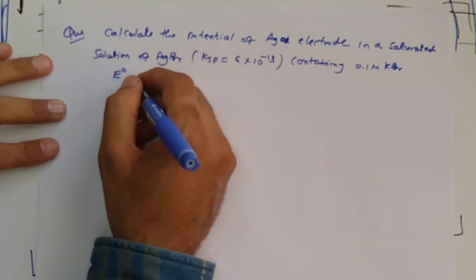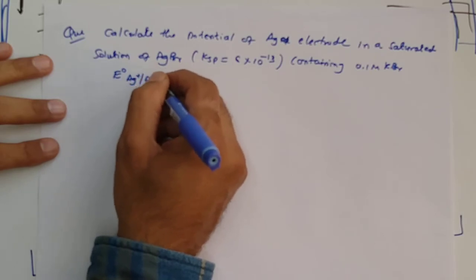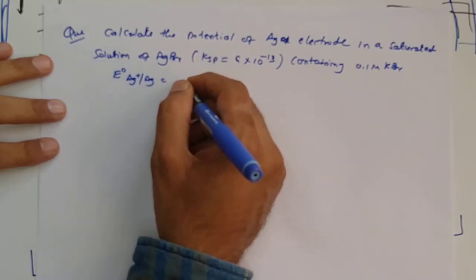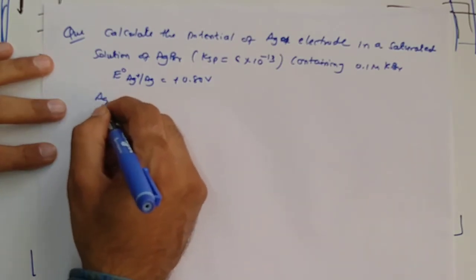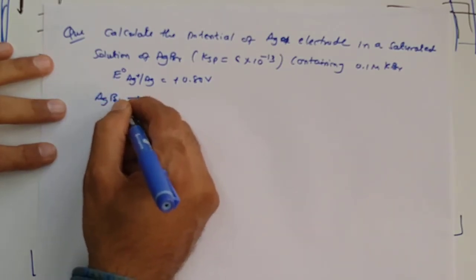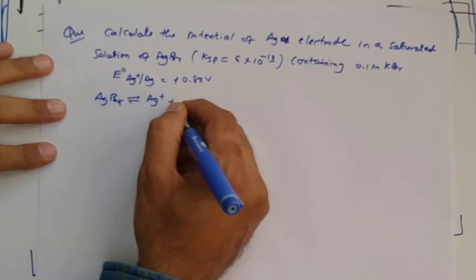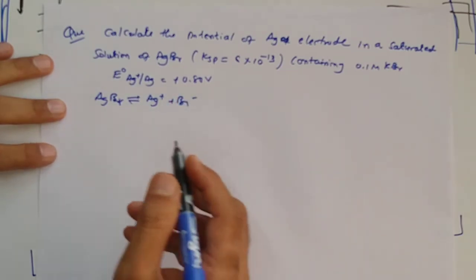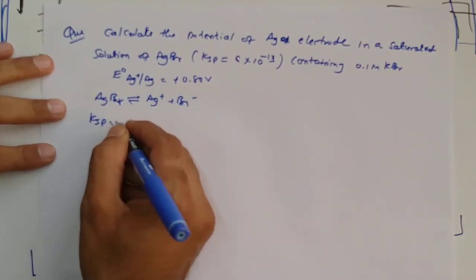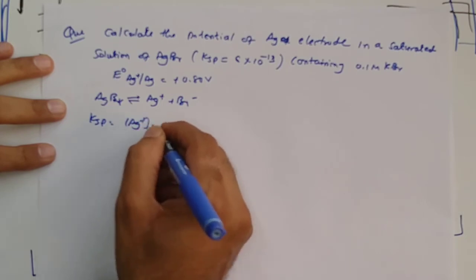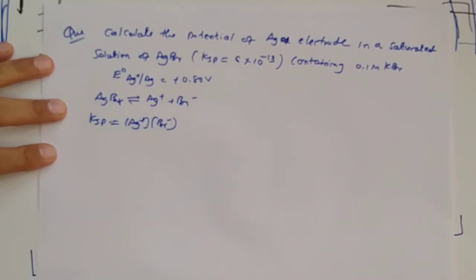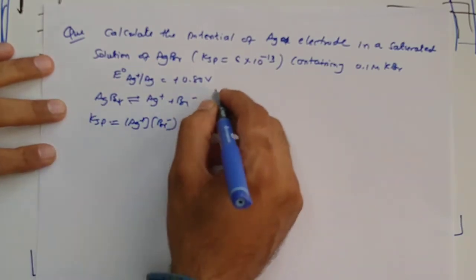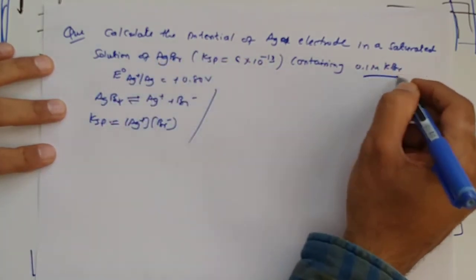E degree of Ag plus to Ag is plus 0.80 volt. Here AgBr gives Ag plus and Br minus, so Ksp is equal to Ag plus into Br minus. But it is dissolved in 0.1 KBr.